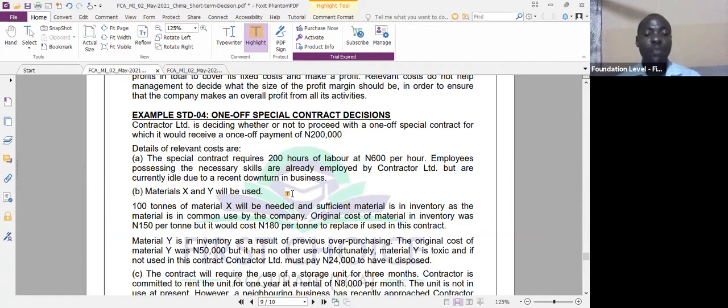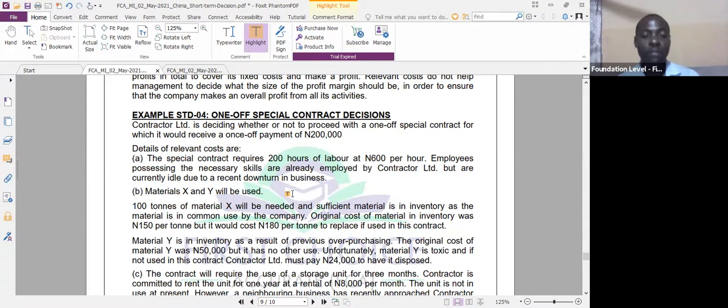Material X and Y will be used. Okay, so let's start with material X. 100 tons of material X will be needed, and sufficient material is in inventory, as the material is in common use by the company.